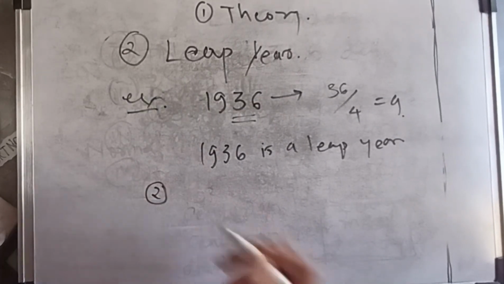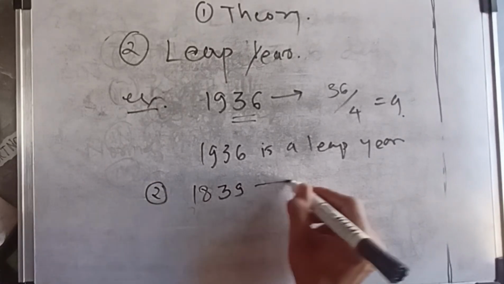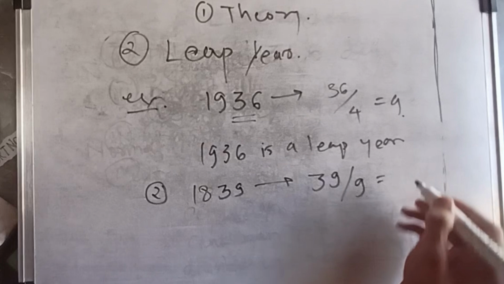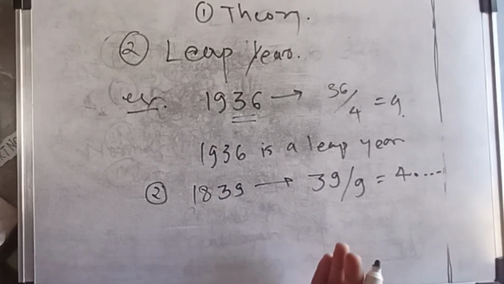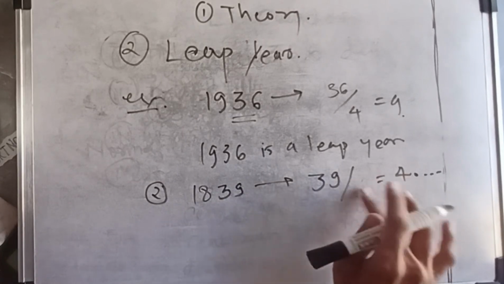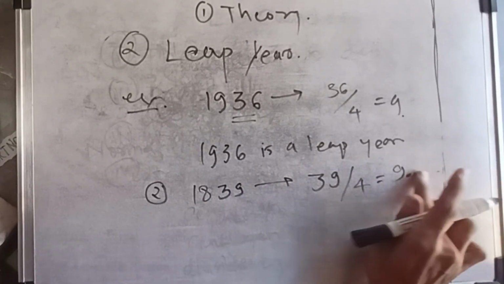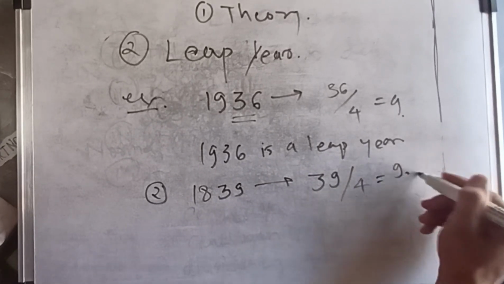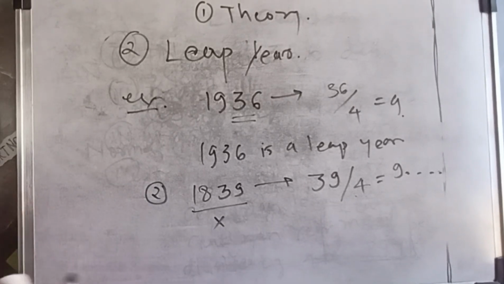Next question: is 1839 a leap year? 39 divided by 4 is 9 point something, which is not completely divisible by 4. So 1839 is not a leap year.